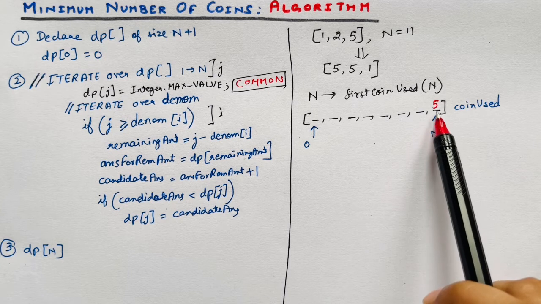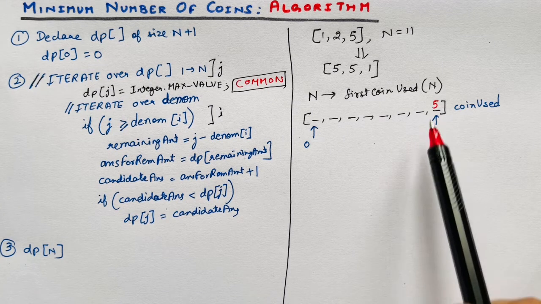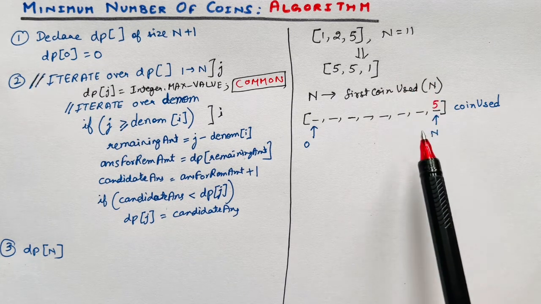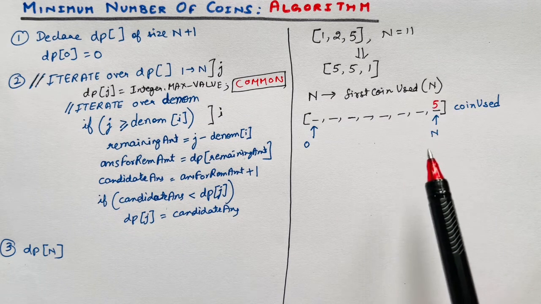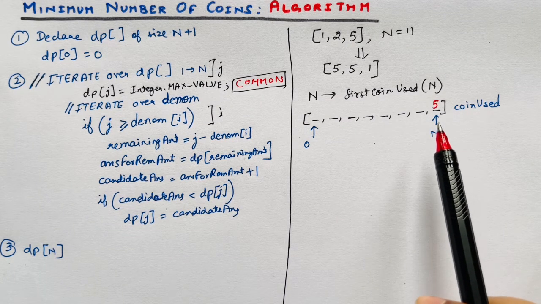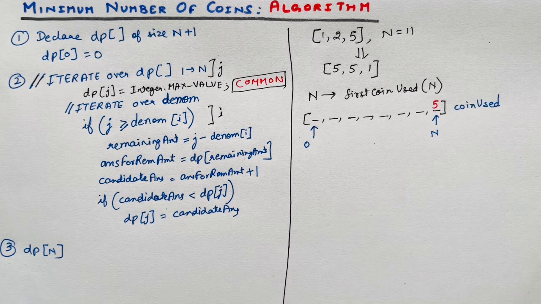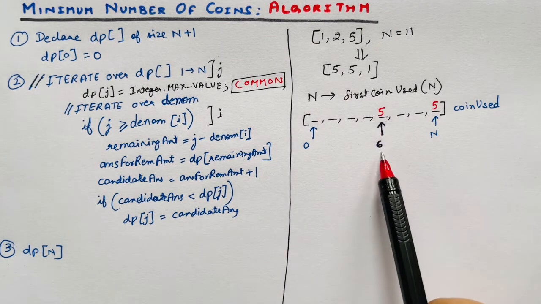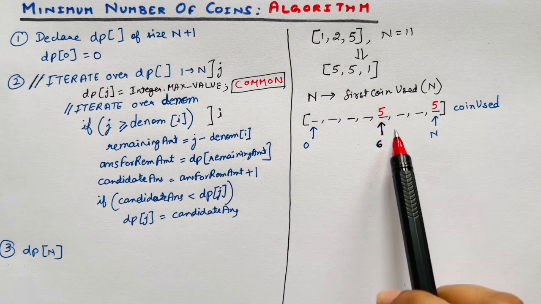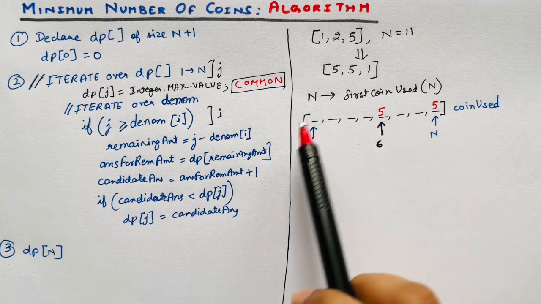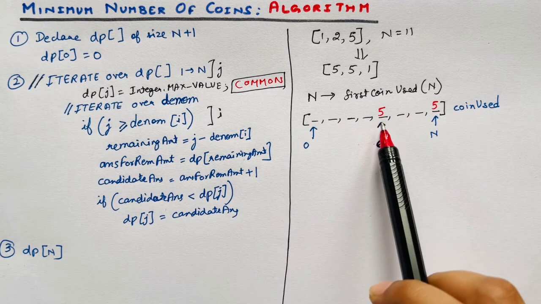Now since we have already used a rupee 5 coin and we were looking to form rupees 11, then what is the remaining amount for us? The remaining amount for us is rupees 6. Now let's say rupees 6 corresponded to this index. Since we have this array filled, we will have some value here as well.